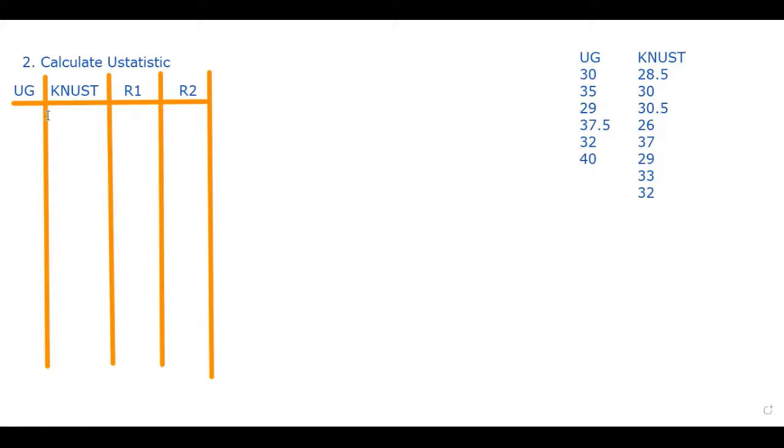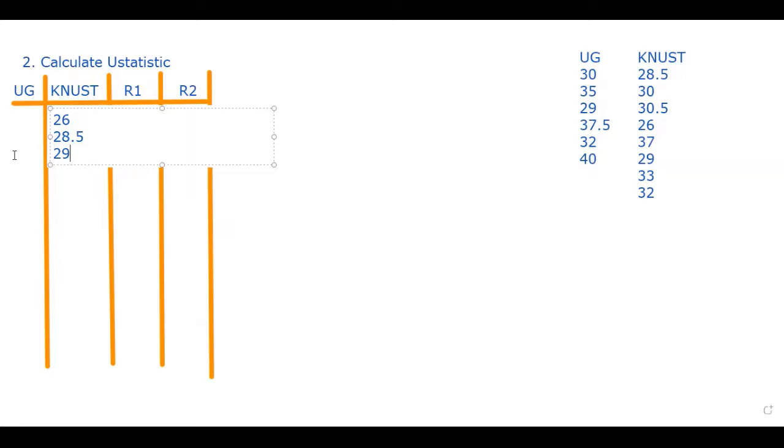Okay, so 26, KNUST. So 26 will be here. Next, 28.5, KNUST. 29, KNUST, and Eugene also has 29.